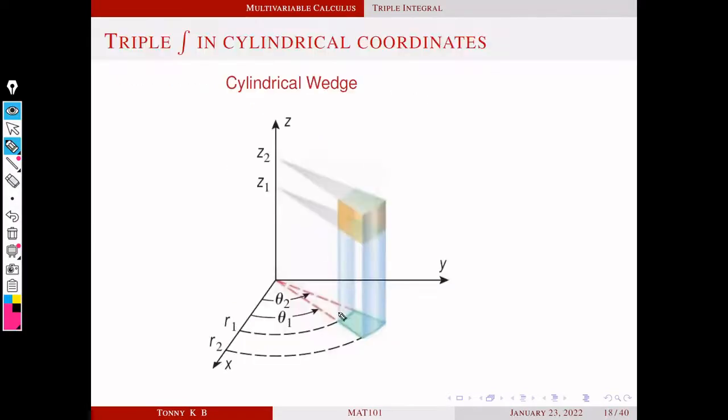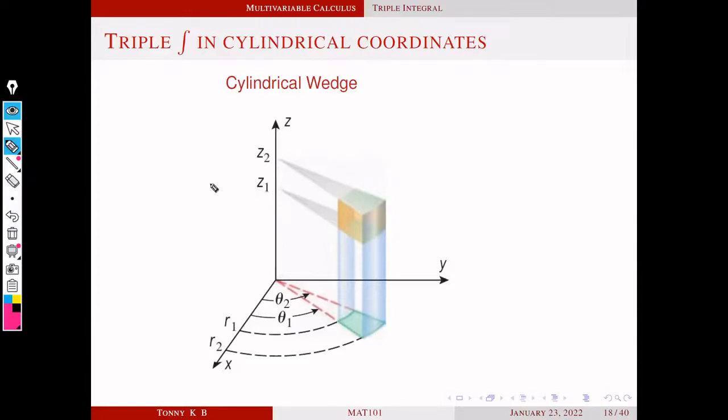How? We consider a specific region. What is theta equal to theta 1? In 2D, we know that theta equal to theta 1 is a ray like this. But in 3D, it's like a plane. Similarly, theta equal to theta 2. And what is r equal to r1? In 2D, r equal to r1 is a circle. In 3D, it's a cylinder. And similarly, r equal to r2.